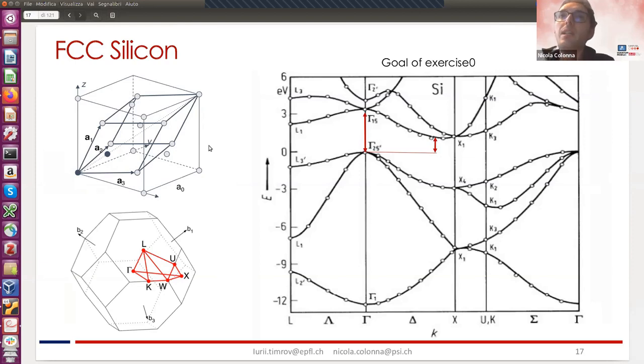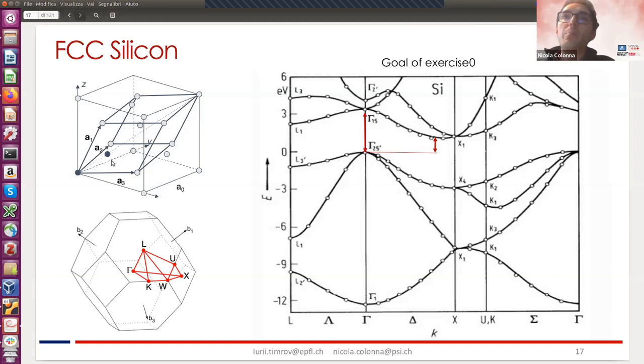As for the structure, silicon is FCC, so it's a cubic material. Here what I show is the conventional cubic cell, but the primitive cell of the material, so the smallest cell you can imagine to reconstruct the perfectly periodic crystal, is represented by this bold line here, and is described entirely by these three primitive lattice vectors, a1, a2, and a3, which point toward the centers of the faces of this cube, and this is the reason why it's called face-centered cubic.